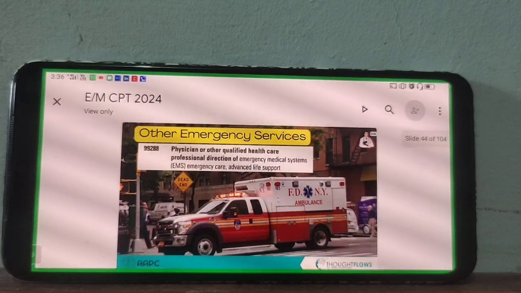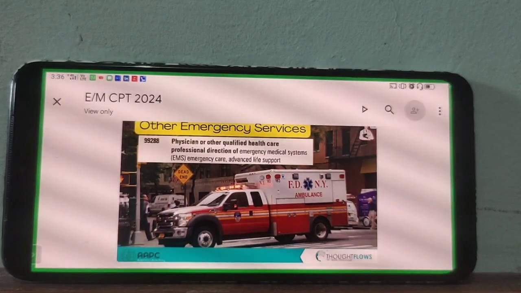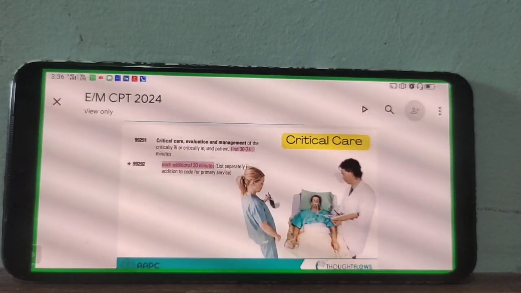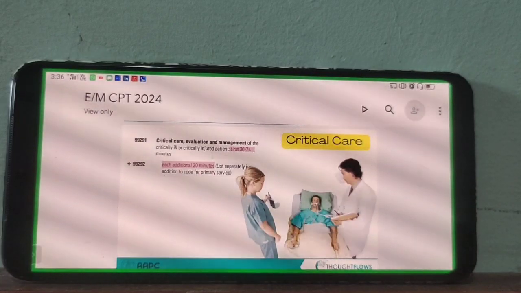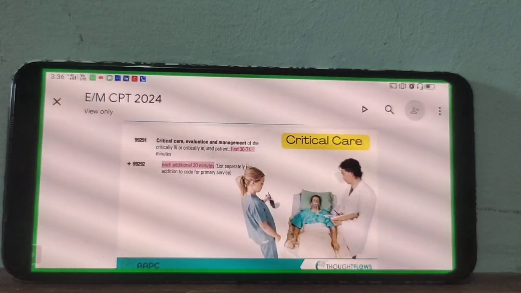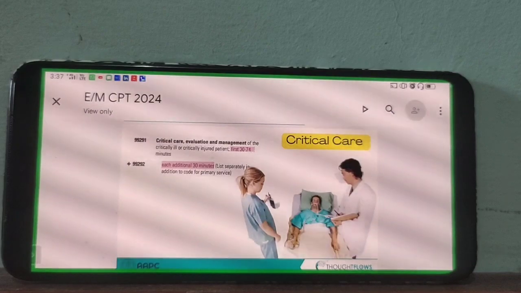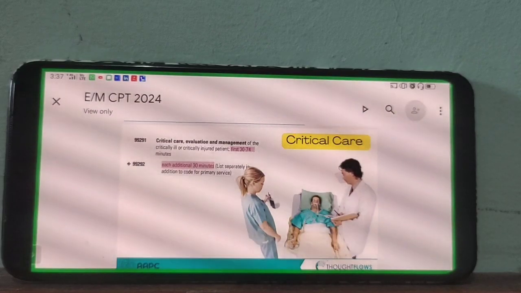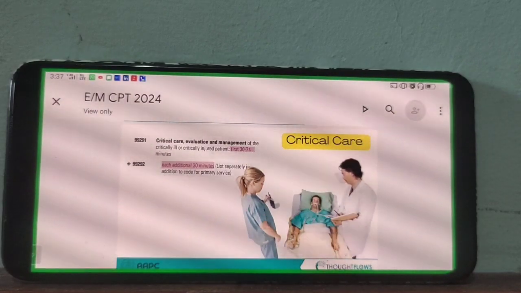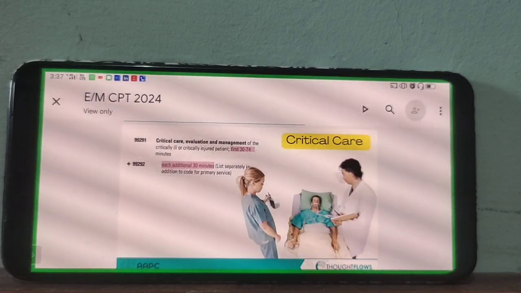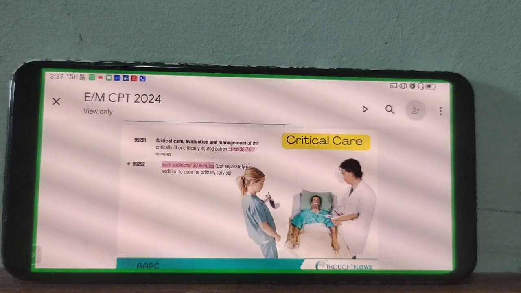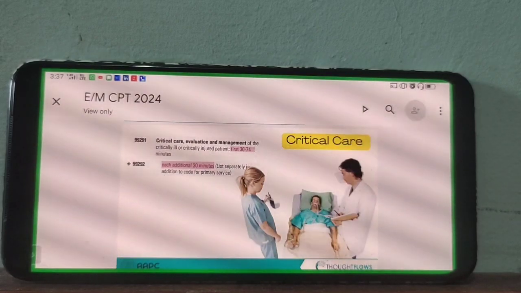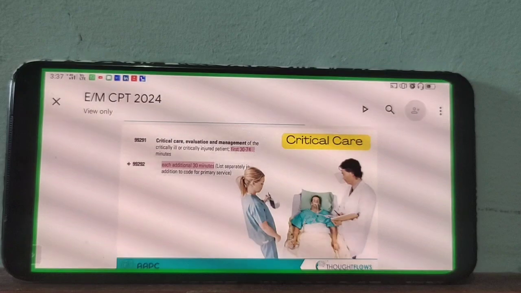Okay, then critical care service. This is also one of the areas present in our hospital. For critical care service, the first 30 to 74 minutes is 99291. For each additional 30 minutes, 99292.